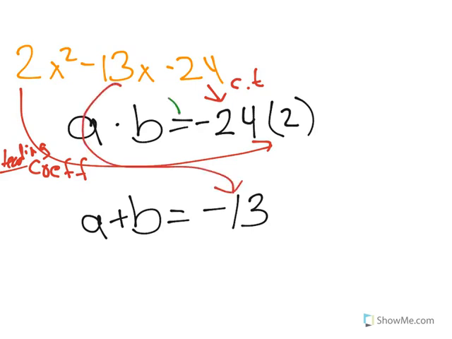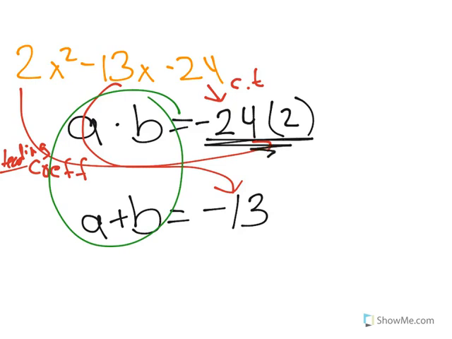An easy way to find this is by first factoring our constant term times our leading coefficient. In this case it's negative 48. We can leave it as negative 24 times 2, and factor this out.